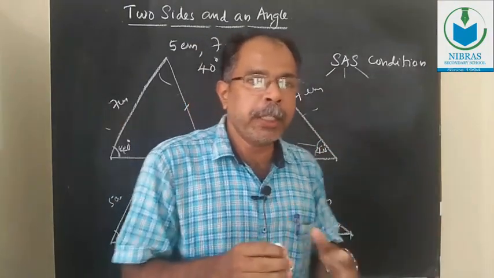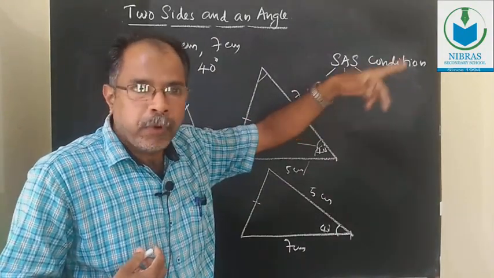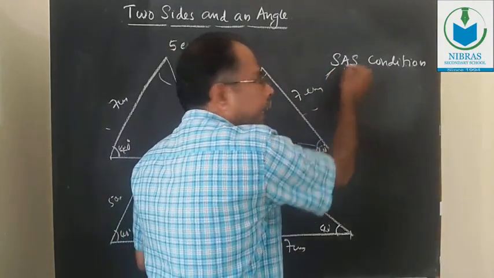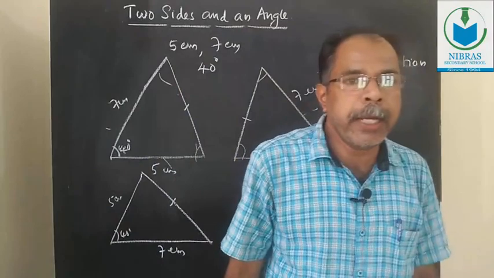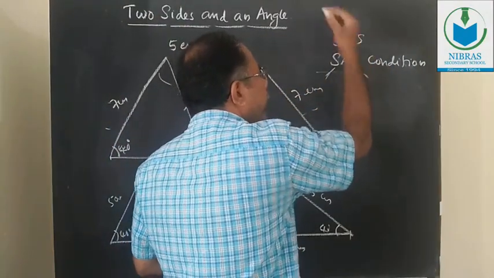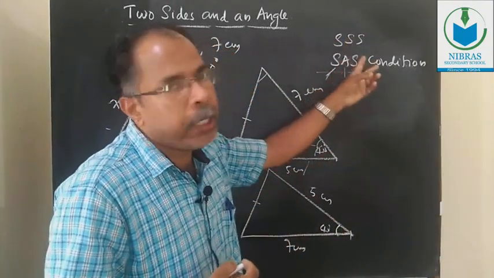Okay, this condition is known as SAS condition for equality. For two triangles to be equal, side angle side condition. First condition was SSS condition. What was SSS condition? The three sides should be equal to the three sides of another triangle.